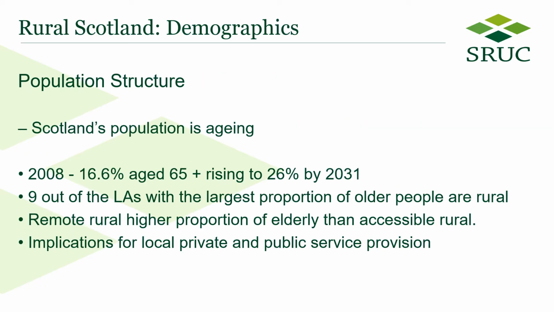So generally, across the country, Scotland's population is aging. In 2008, 16.6% was age 65 plus. This has now risen to around 22-23%, and it should rise to 26% plus by 2031. 9 out of the local authorities with the largest proportion of older people are rural, and remote rural has a higher proportion of elderly than accessible rural.